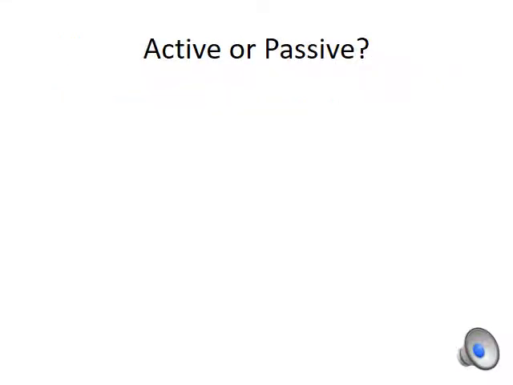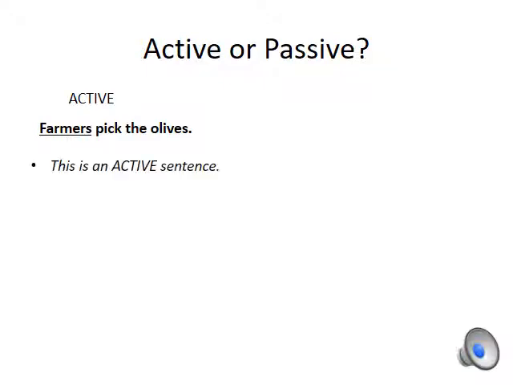So now, active or passive? Some verbs are used in an active way and some in a passive way. Let's look at active first. Farmers pick the olives. This is an active sentence.